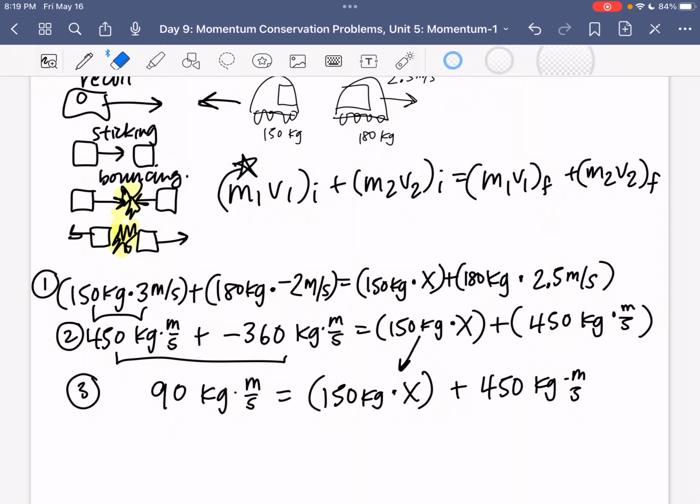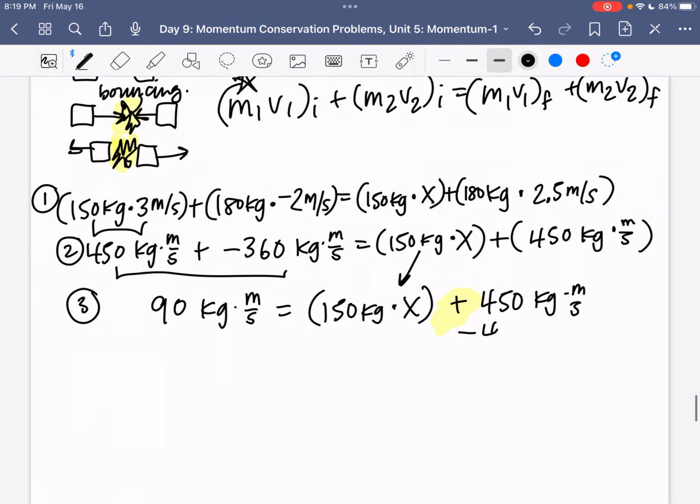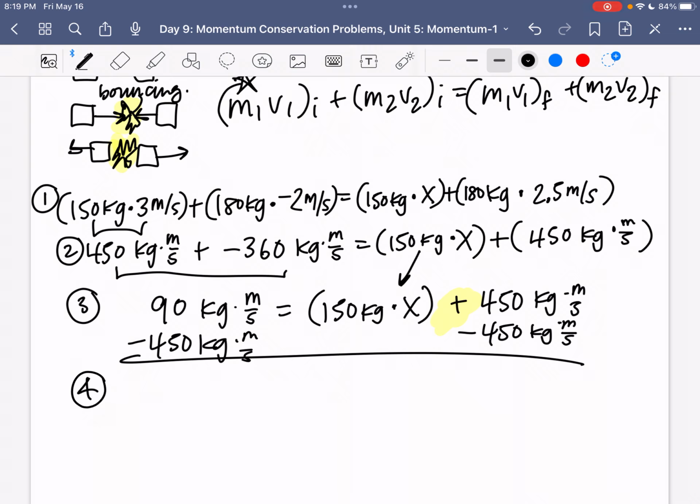Now because these are attached by a plus sign, we need to do the opposite, which is subtraction on both sides. So step 4, 90 minus 450.